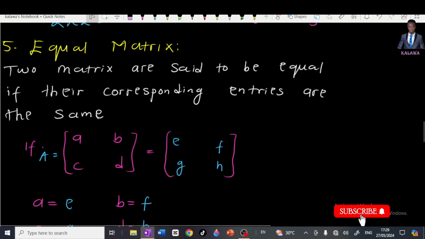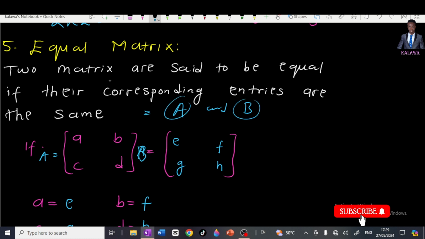And then 5, we have the equal matrix. In equal matrices, let's say we have matrix A and matrix B. If matrix A and matrix B are equal, it means their corresponding entries are the same.